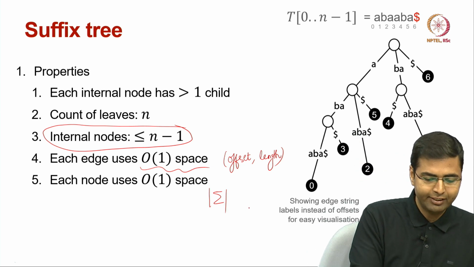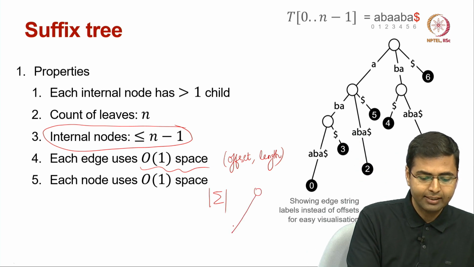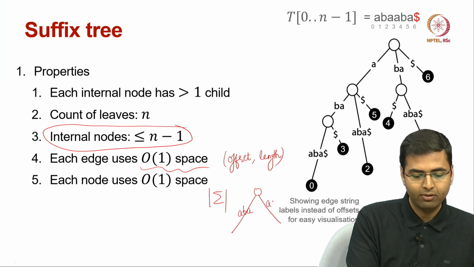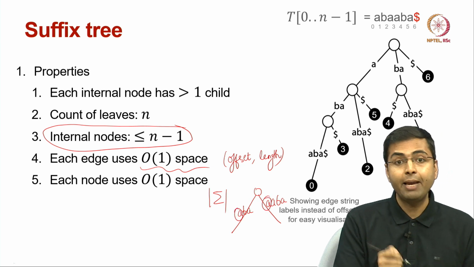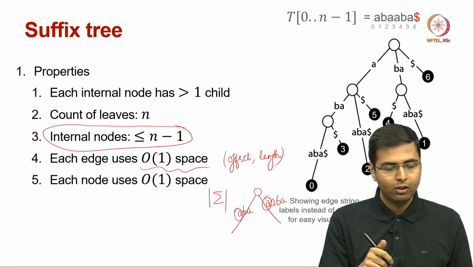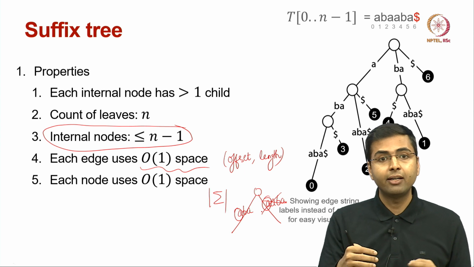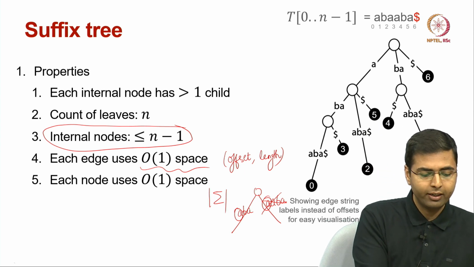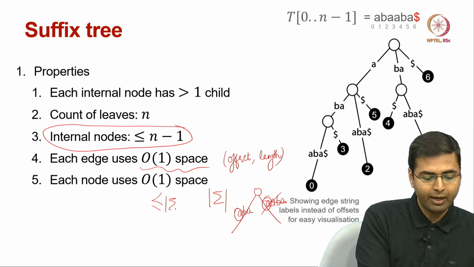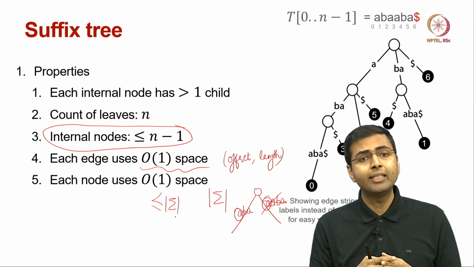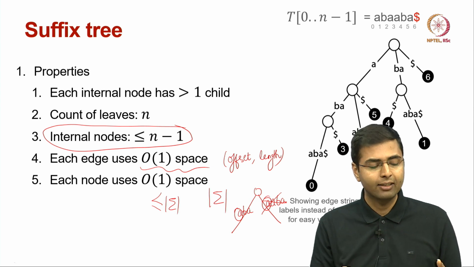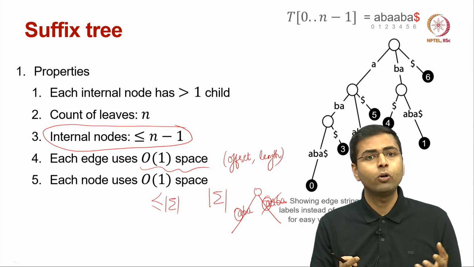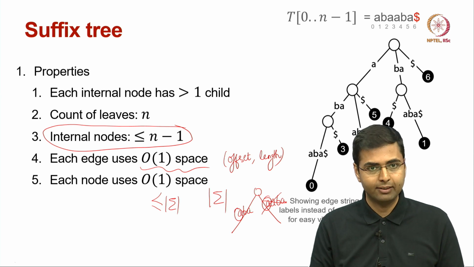So, we can never have a situation where there is a vertex and there is an edge ABA and another edge ABA, because these both start with the same characters and that is not possible. So, the number of children of each node is less than or equal to sigma, and if we assume that the size of the alphabet is constant, then each node uses order 1 space.